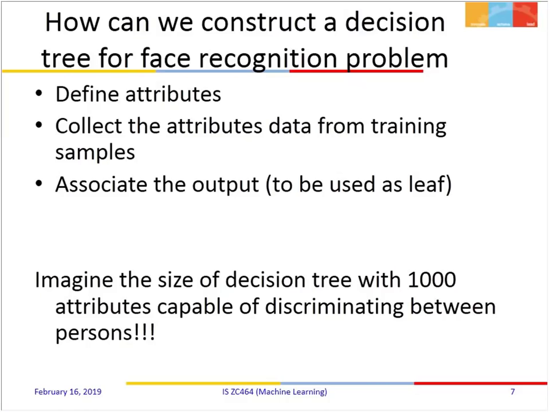As long as the face recognition class of problems is concerned, we may have to talk about a thousand such attributes which are capable of discriminating between two persons, right? If there are only two or five persons in the database, then probably two or three or five concrete, very prominent features can distinguish between them.